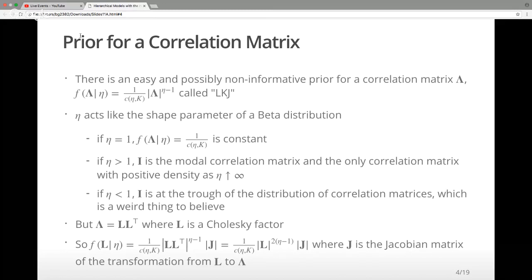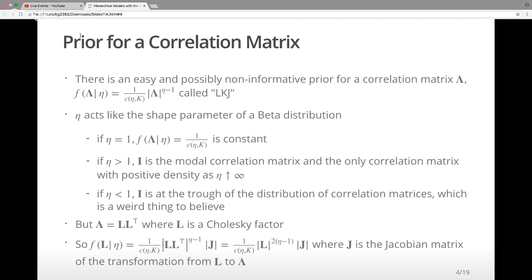Basically, because it's a symmetric distribution on correlation matrices, you're saying, well, I think correlations of 0 are unlikely, and correlations that are non-zero are more likely, but I'm sort of indifferent as to whether they're more likely to be positive or more likely to be negative. I just know that, in absolute value, they're close to 1. That's a pretty weird thing to think about, I think, for most coefficients and stuff like that in multi-level models.